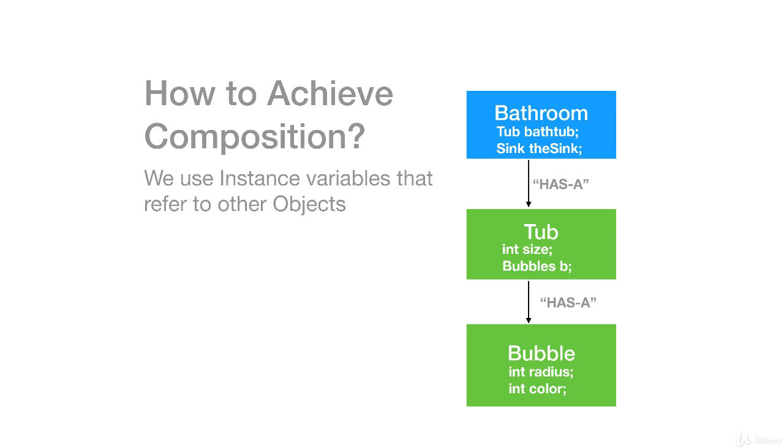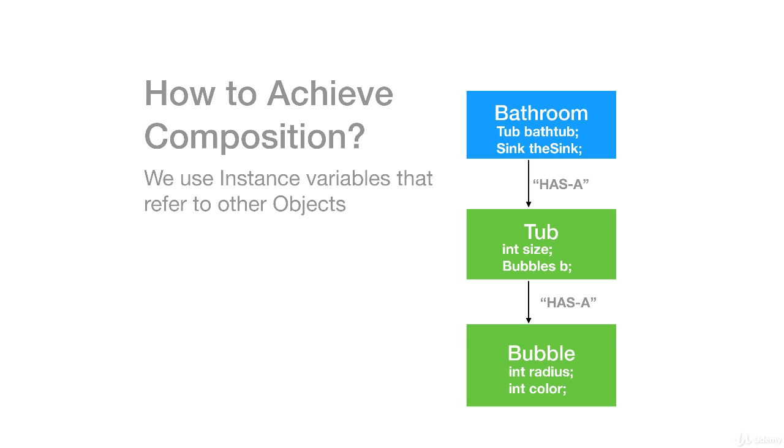If we had a sink class, we could also create that member variable and call this the sink. Now we have a way to implement the sink as well as the bathtub, okay? Because we have this has-a relationship, because a bathroom has a tub. And that's how we relate those objects, by referencing them through their instance variables.